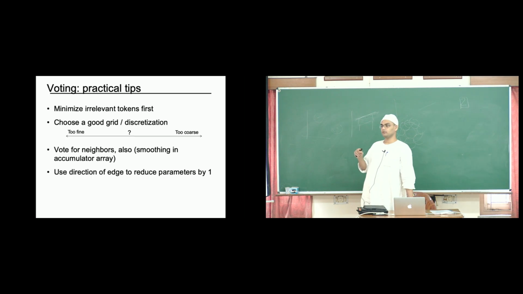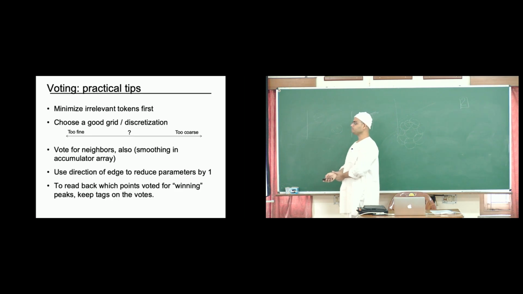For the circle, if you know the direction, then the only thing you need to find out is a and b on the particular line, not everywhere. To read back which points voted for the winning pick, keep tags on the votes, which is kind of the idea of the dictionary. For each point you are going to store that this point gave its vote to this particular cell.